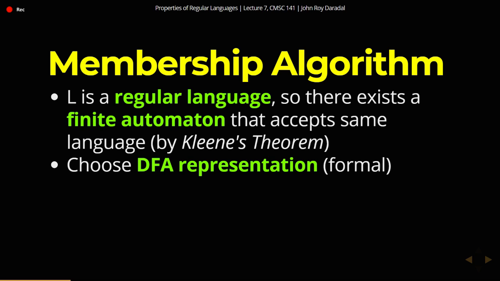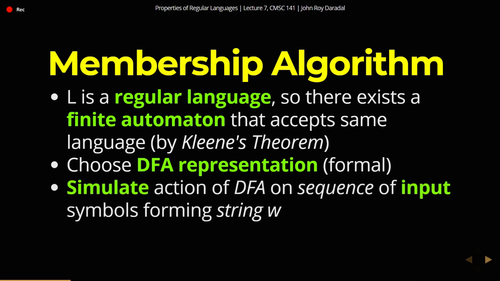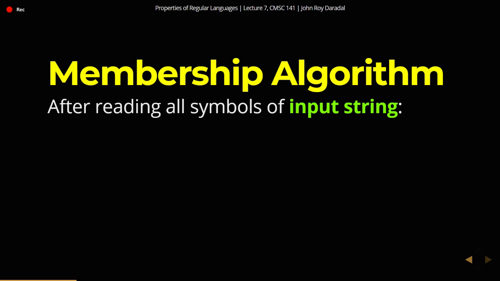So we will choose the DFA representation, which is a formal representation. And what we'll do is we'll simulate the action of the DFA on the sequence of input symbols forming string W. So we will do what we have been doing for string acceptance in our DFA. So we'll just follow the state transitions, and we'll see where it leads after we have finished processing all of the input symbols.